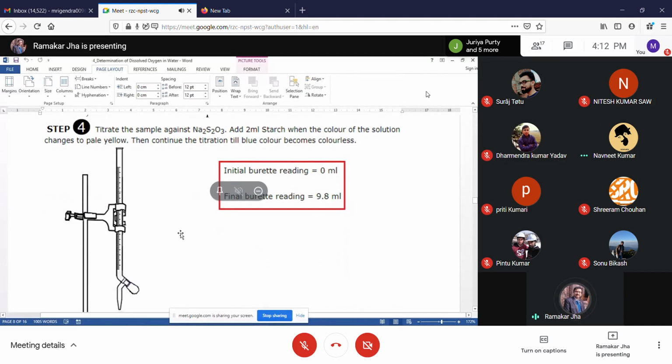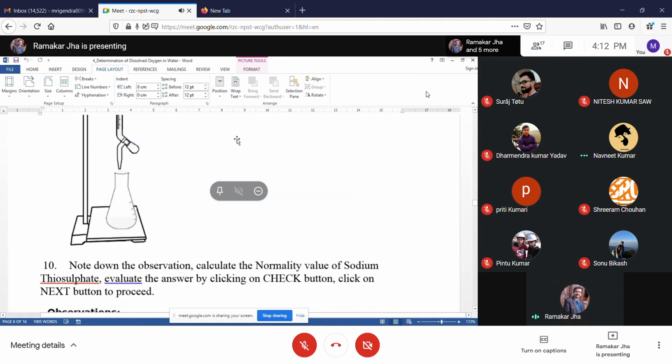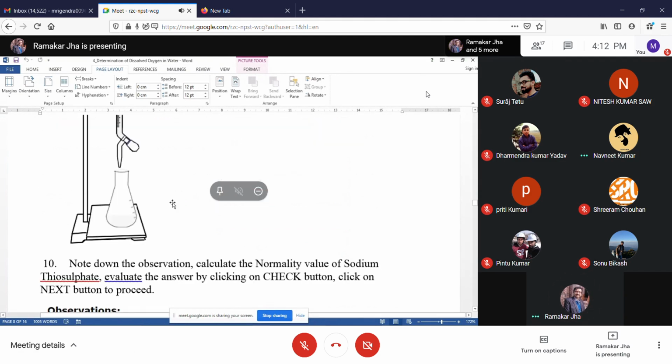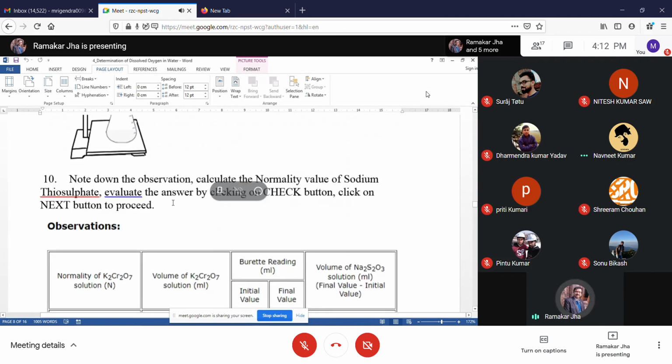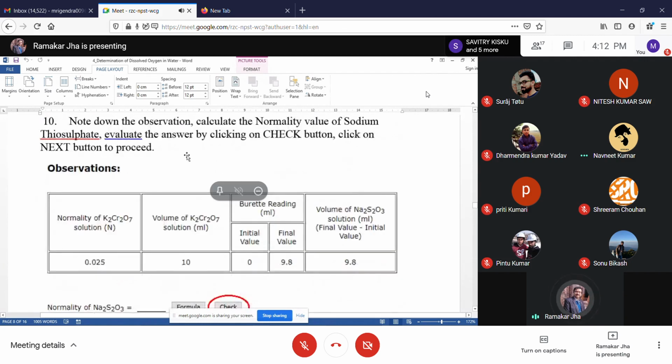So the first burette reading was 0 and the final burette reading was 9.8. This was the sample, and you will find this is colorless. Now what observations did we make? The normality of potassium dichromate is 0.025; this we have to remember.